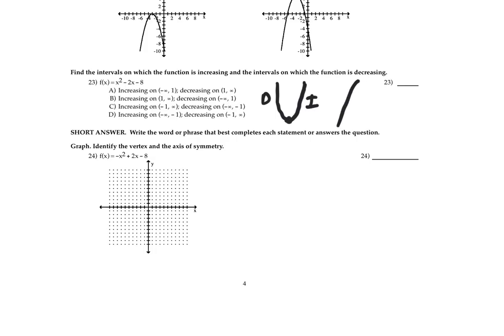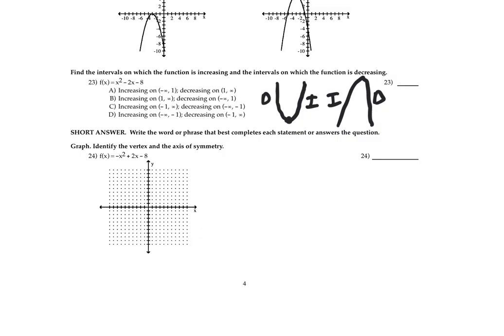If your graph opens down, then it's increasing on the left and it's decreasing on the right. So it depends on what type of parabola I have, as to where the increasing and decreasing is happening. That's really the only difference, so be careful of that. And then we're just writing it in interval notation, like we talked about yesterday.